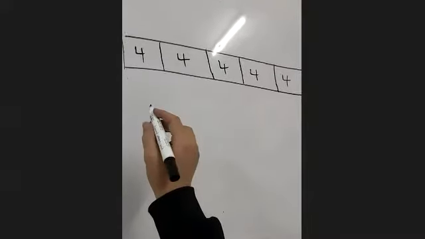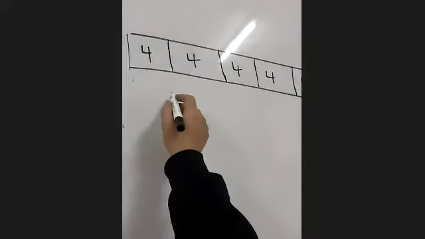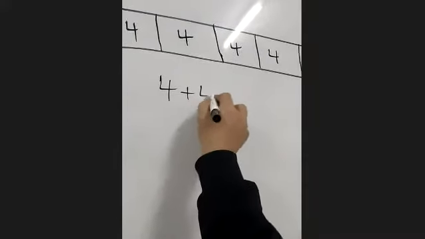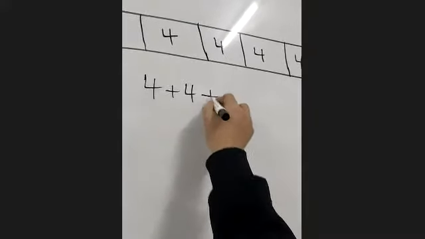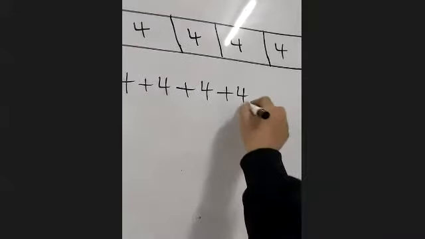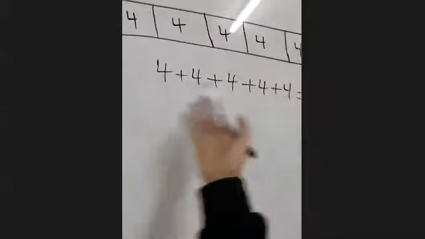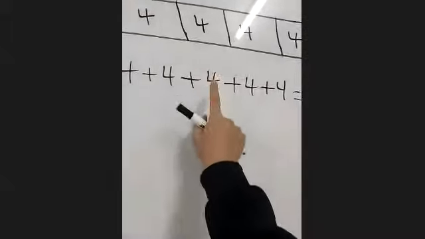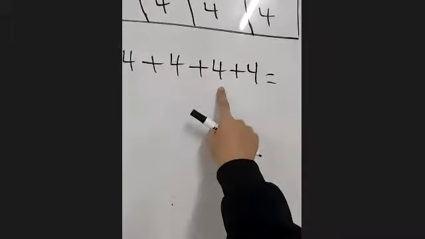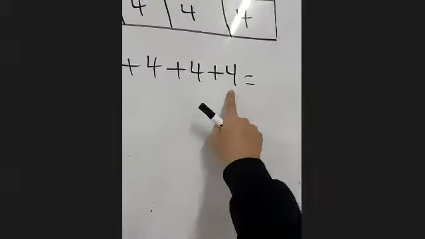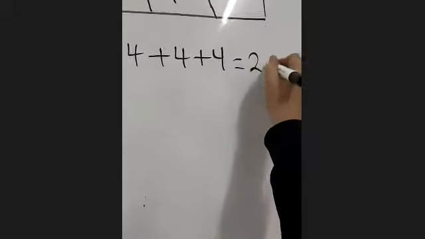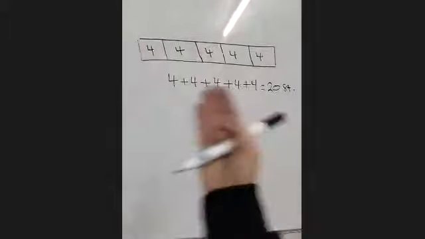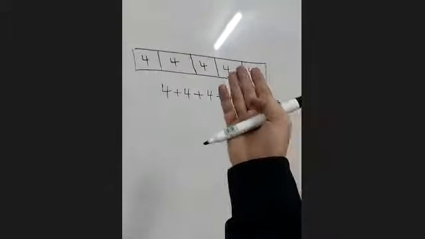The first way. 4 plus 4 plus 4 plus 4 plus 4, 5 times, right? Let's add them. 4 plus 4, 8. Plus 4, 12. Plus 4, 16. Plus 4, 20. 20 students, right? Yes. This is the first way to express the total of the students.